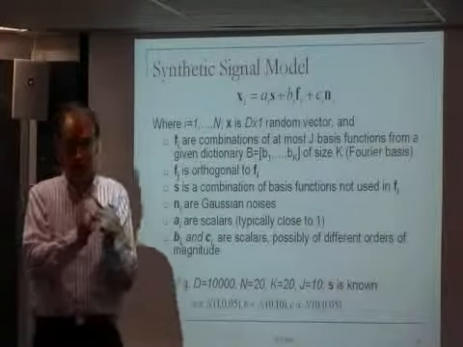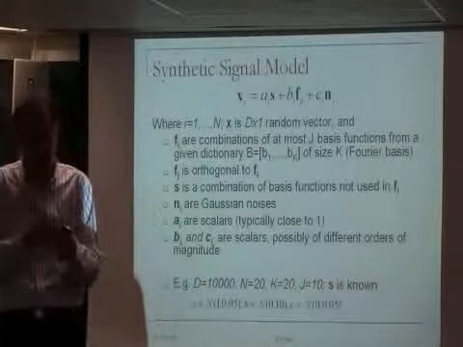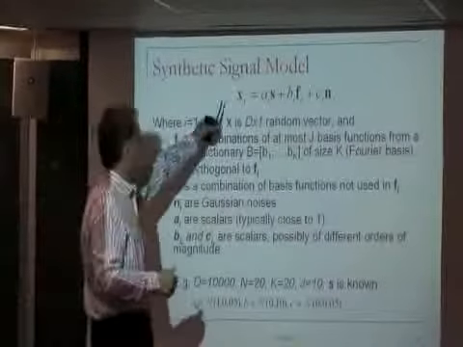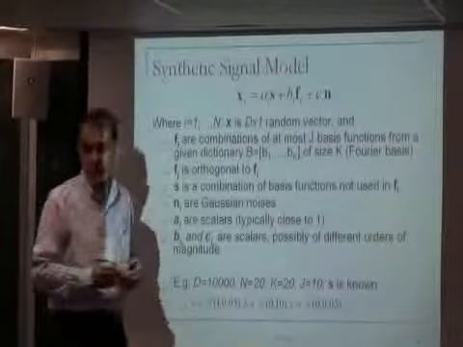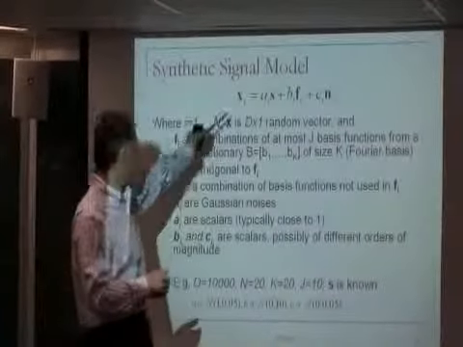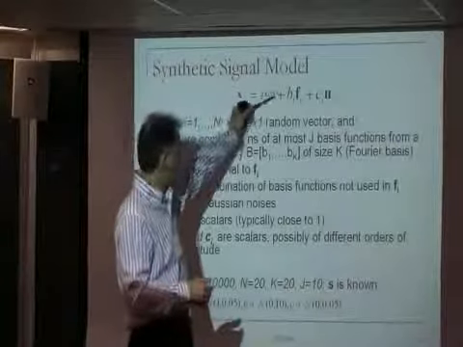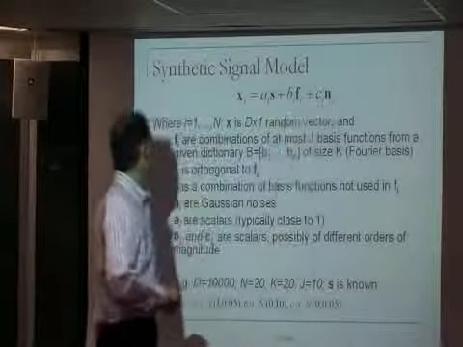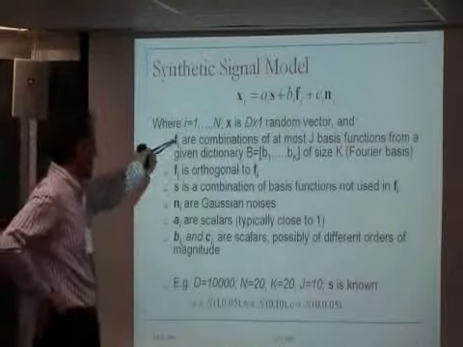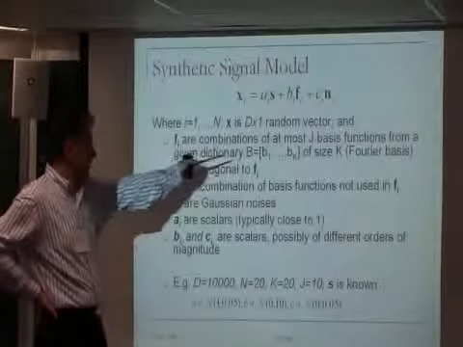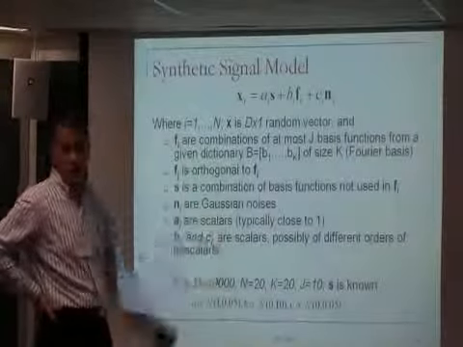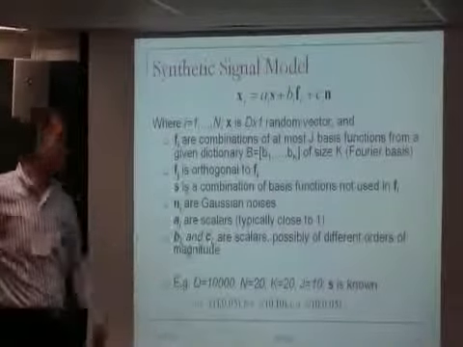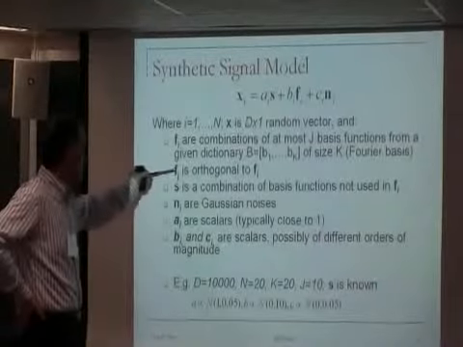Okay, so to understand a little better, I'd like to define some artificial data and play with it. So my observations are combinations of S plus functions F plus noise, and I'm taking the F to be combinations of basis functions from a given dictionary, like the Fourier dictionary, of a given size, all right?